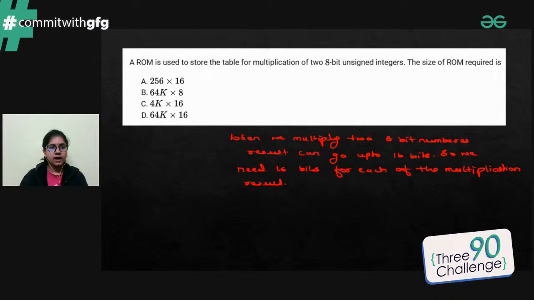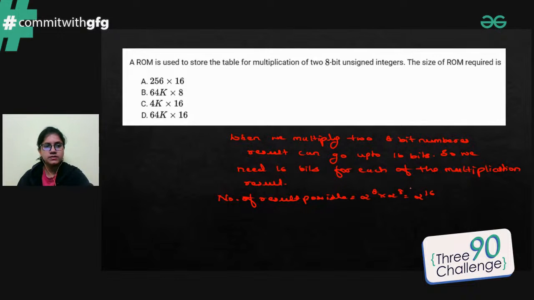Okay, and what is the result possible? The number of results possible is equal to 2 to the power 8 into 2 to the power 8, which is 2 to the power 16, and we can write it as 64k.